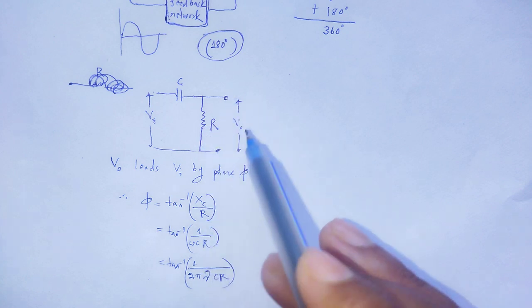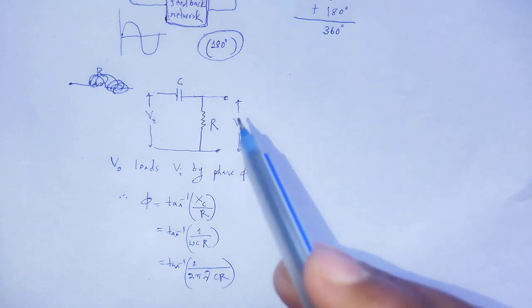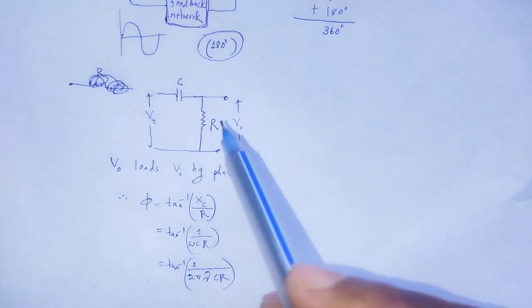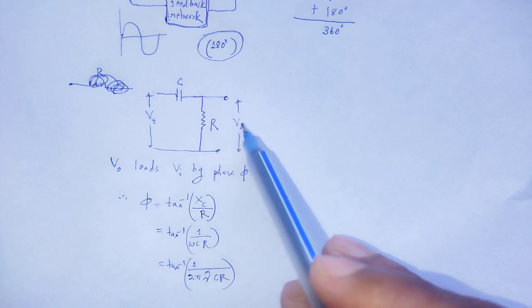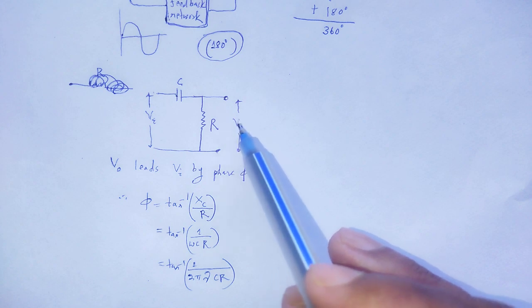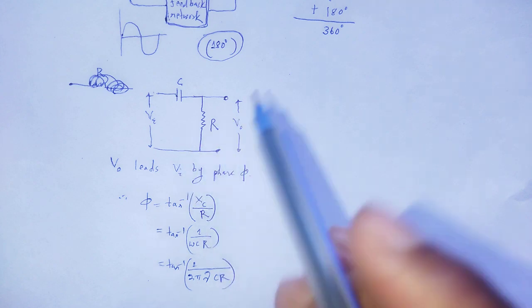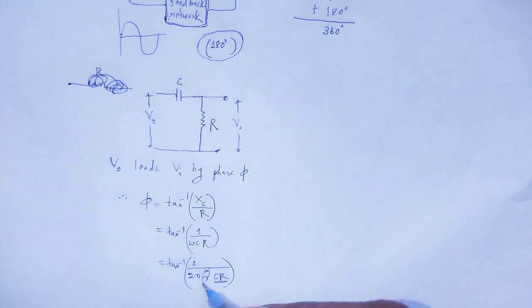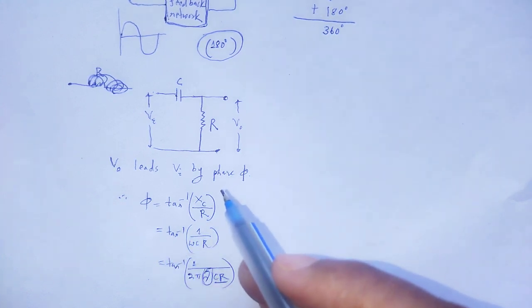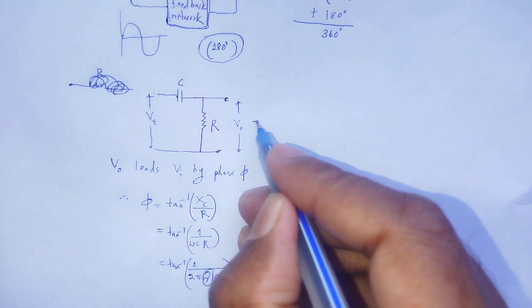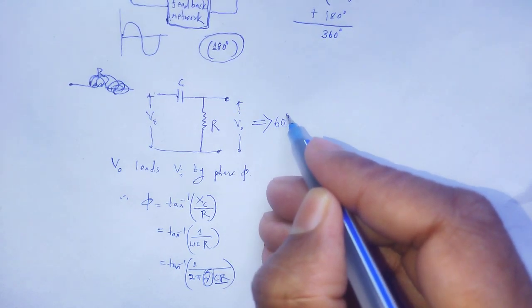But to get a 90 degree phase shift, R must be 0. In a practical situation, if we implement R equal to 0, then the output voltage will be 0, but in practice the output voltage is not 0. For that reason, we have to take C and R as fixed. As a result, for a particular frequency, we obtain a phase shift, and one CR circuit provides us a 60 degree phase shift.